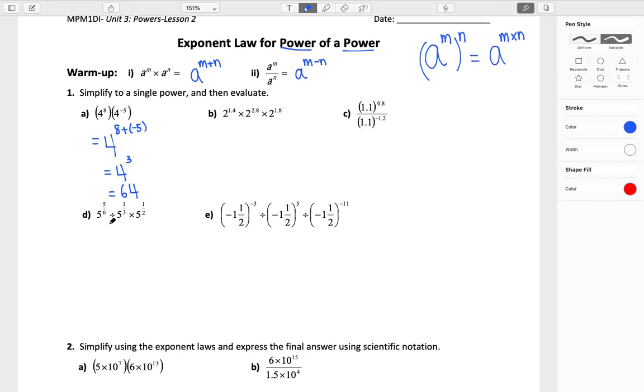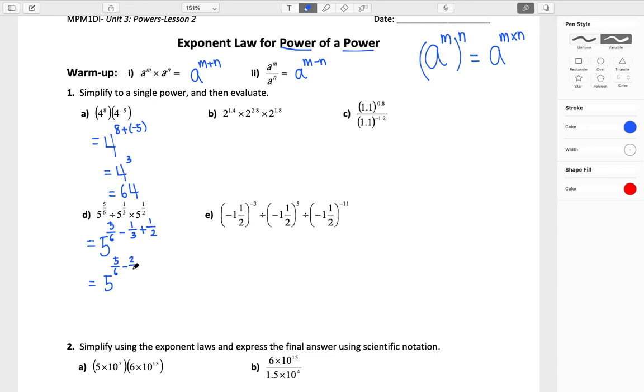Now, what about this one? So it looks like we have a same base of 5. The first one we're dividing, so 5 over 6 minus 1 over 3. And then because we're multiplying, we're plus 1 over 2. So now let's make the same denominator for the exponent. So 5 over 6, I'm going to multiply top and bottom by 2.